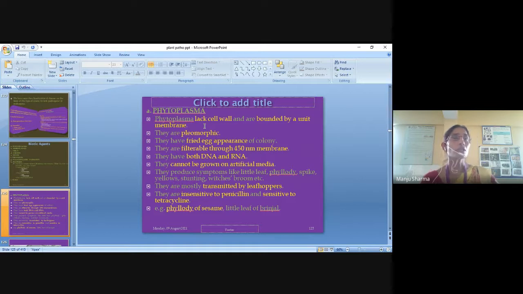Whenever we give tetracycline treatment, phytoplasma shows sensitivity, but they are insensitive to penicillin.